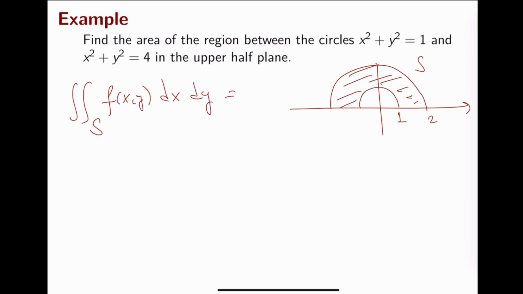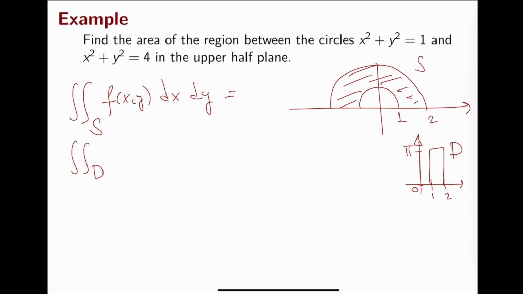Or you can do the change of variables that we saw before. And so this integral, according to the change of variables theorem, will be just the integral on D, where D is just a rectangle that we had described before, between 1 and 2 and between 0 and pi. So just this rectangle, that's what D was.